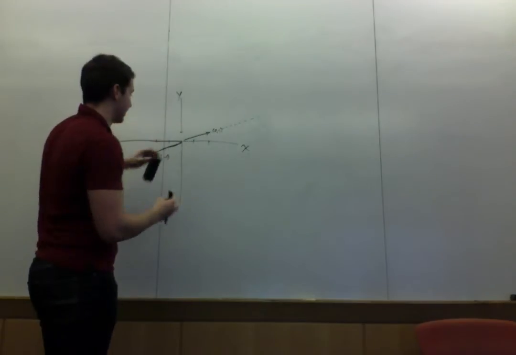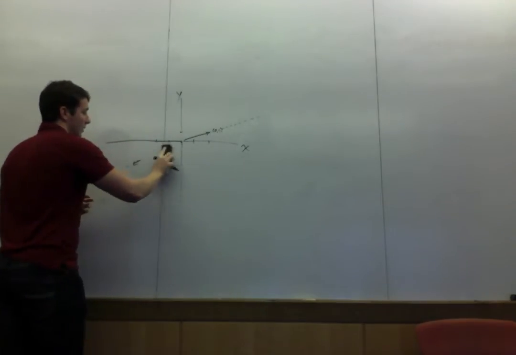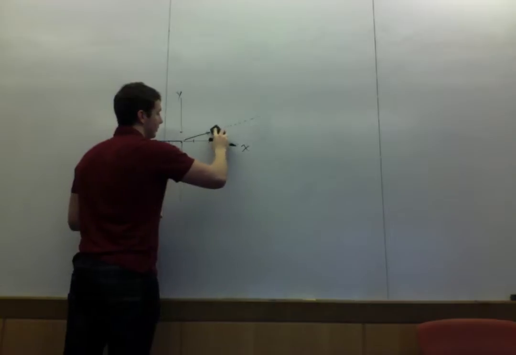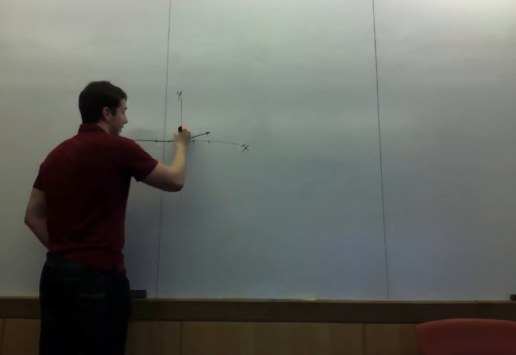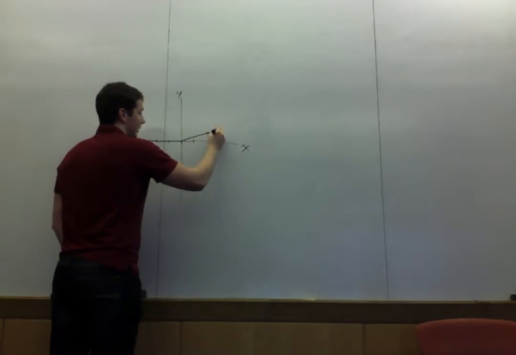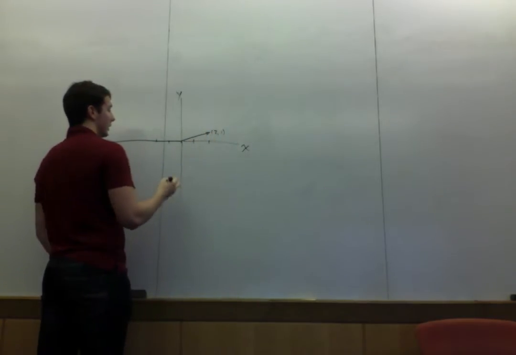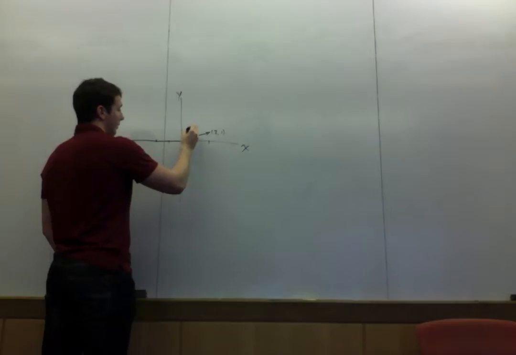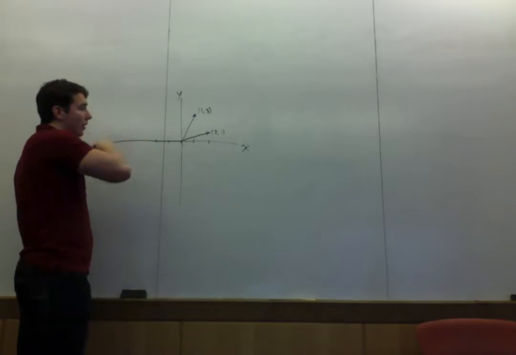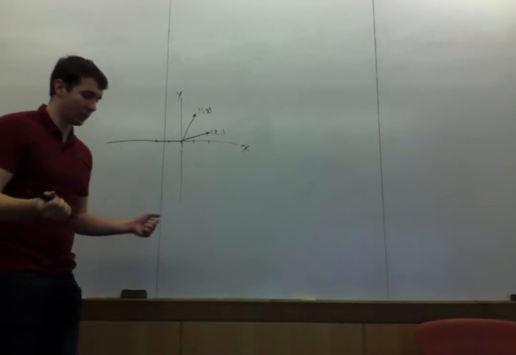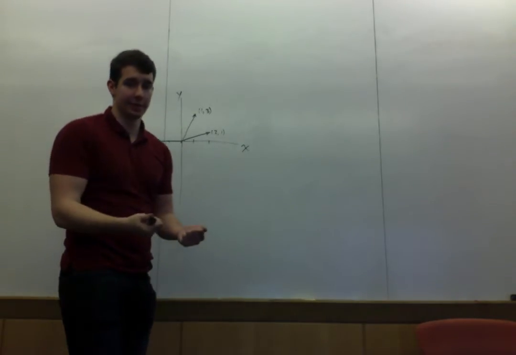However, if I have 2 vectors in R2, say the same as before, the vector (2, 1) and the vector (1, 3), now I have 2 vectors to work with, and I can start making linear combinations of these.